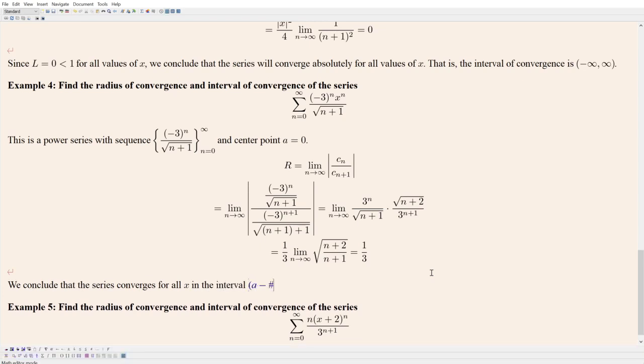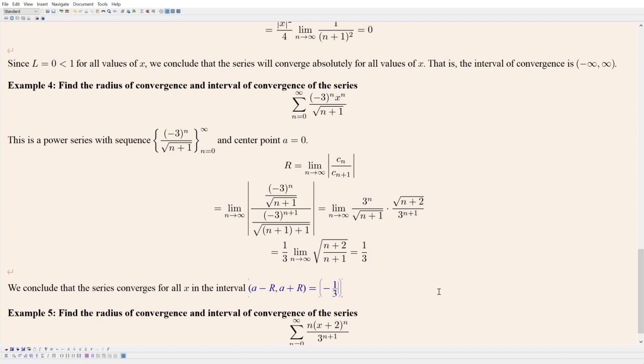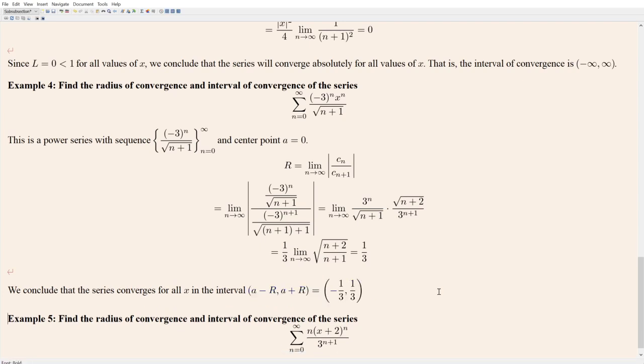So a minus r, comma, a plus r. Now in this case, a was 0, so that's just minus 1/3, positive 1/3, like so. Okay, and now we need to check the endpoints.